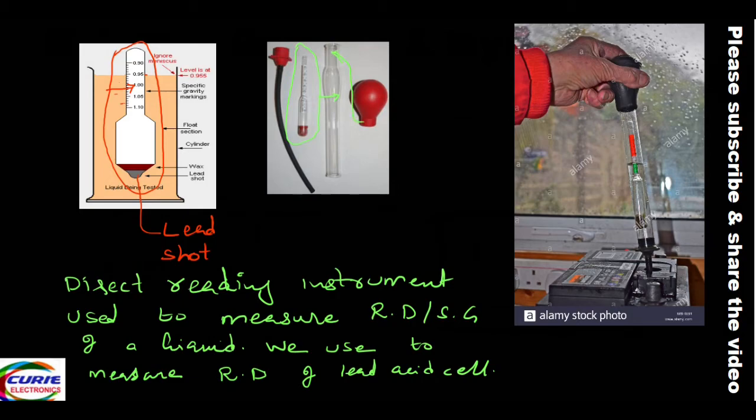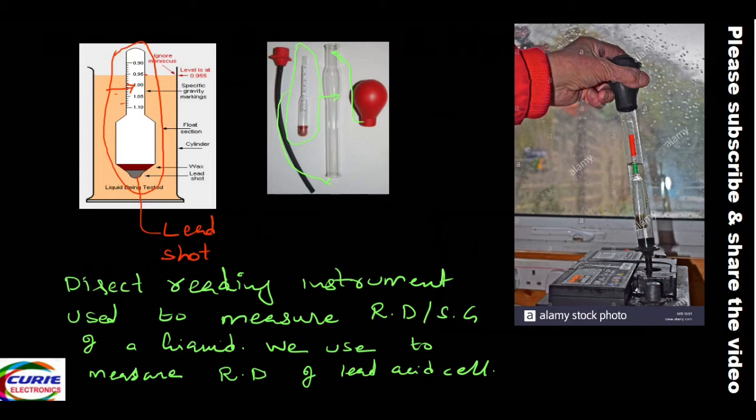This is called a bulb. It is a rubber material. When you squeeze and leave, it will suck the liquid. The other end of the tube is connected to this rubber tube, so that it goes inside the battery through that opening.